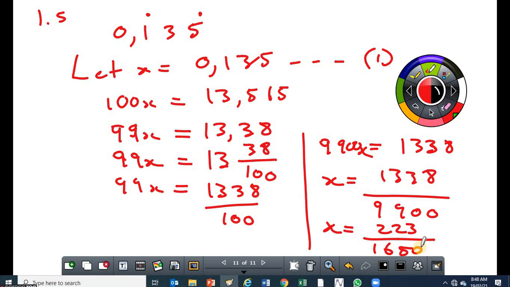If you use a calculator for this, you get back here. Just test with your calculator whether this common fraction gives you that. Whenever you are doing this type of question, you can check if your answer is correct by using your calculator.